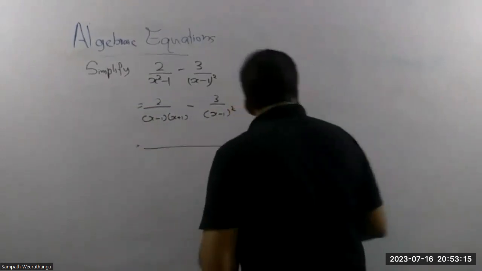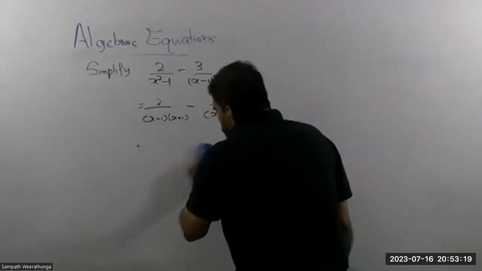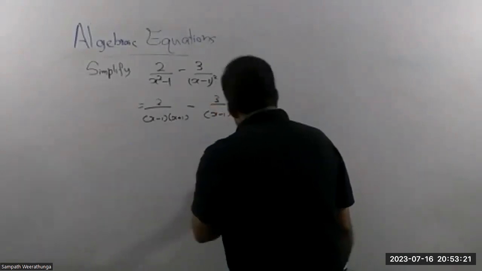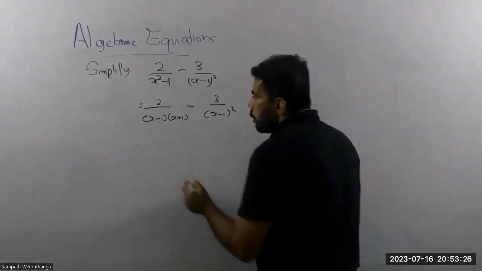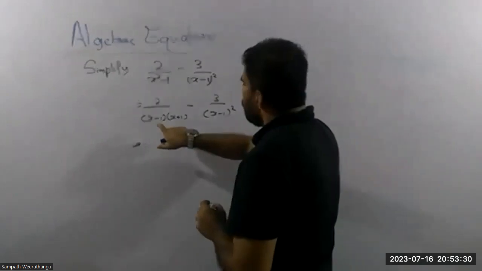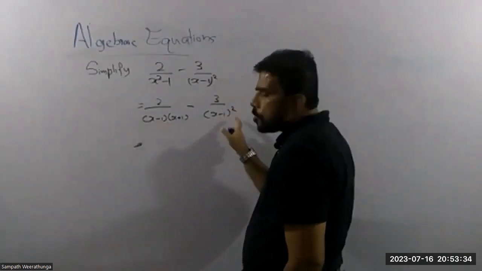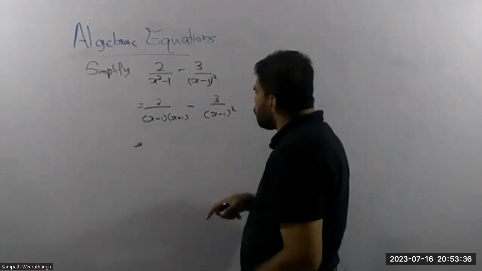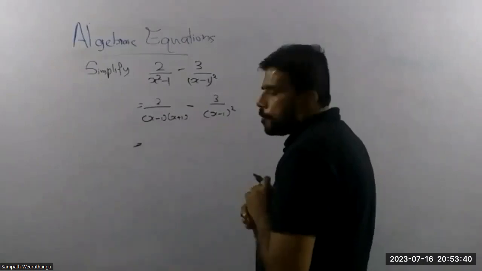For the first exercise, I'll do the intermediate step for you to make it clear; the next steps we will not. Here the factors are x minus 1 and (x minus 1) squared, so (x minus 1) squared is the common factor for both terms.